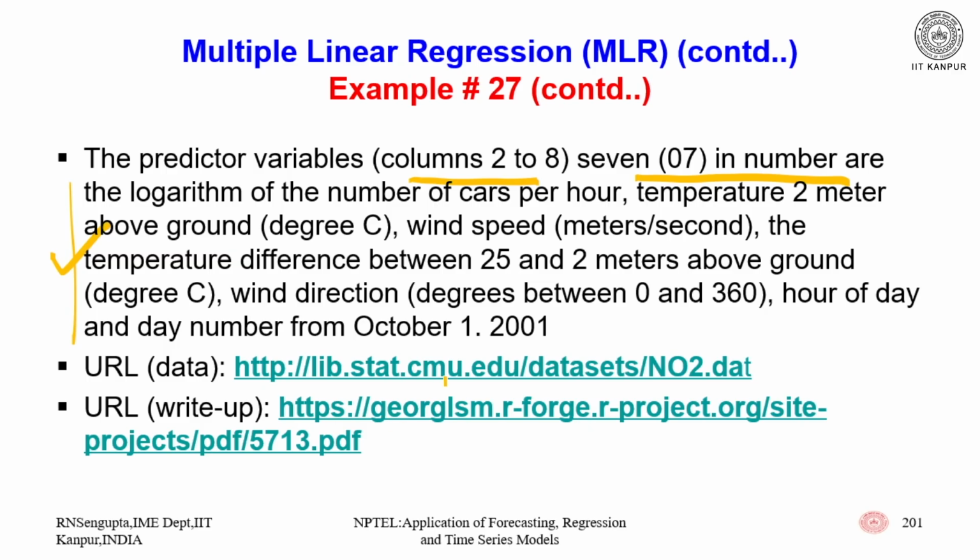The link and the detailed description of the data set are already given in this slide, which was also discussed in the last class. Once you have the slides, you can definitely click it and have a look.